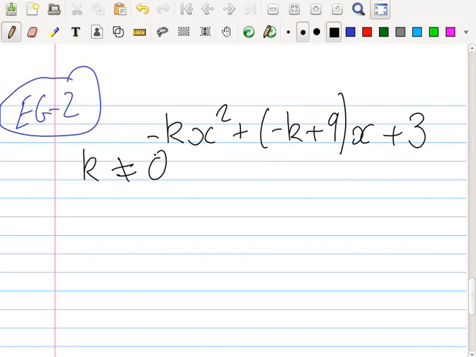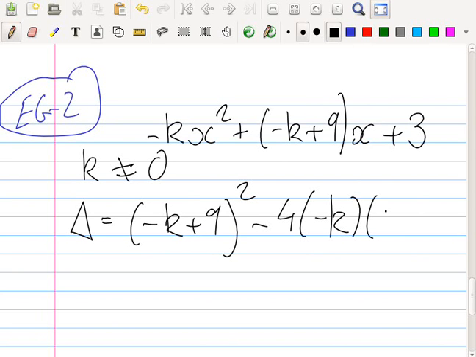Various answers, okay. Right, let's see how many roots this has. So, discriminant equals b squared minus 4ac.